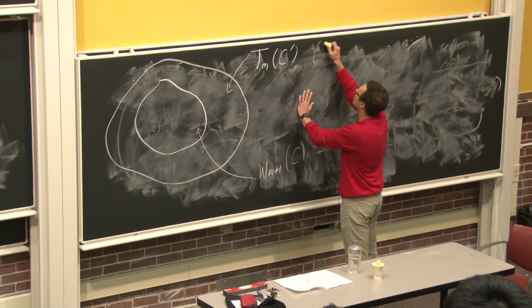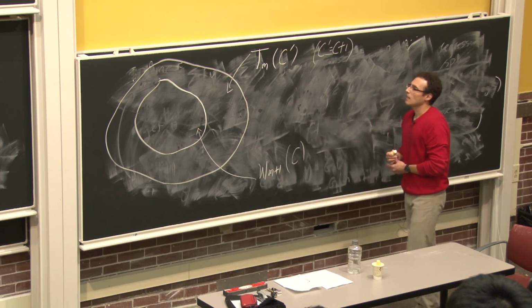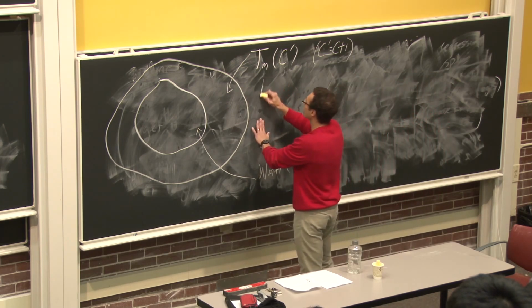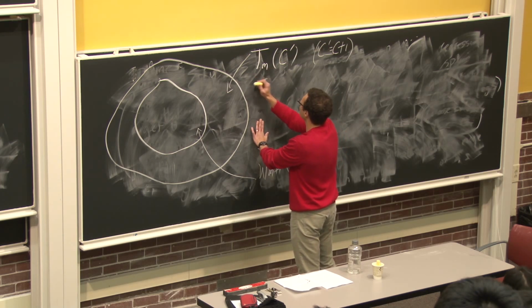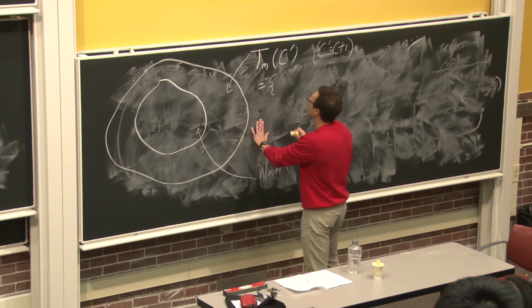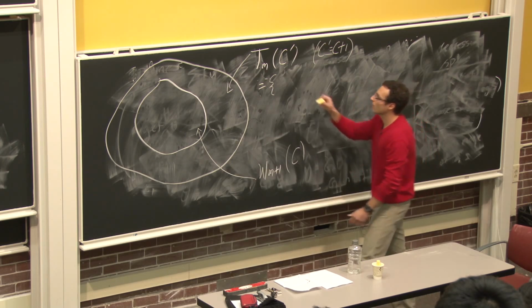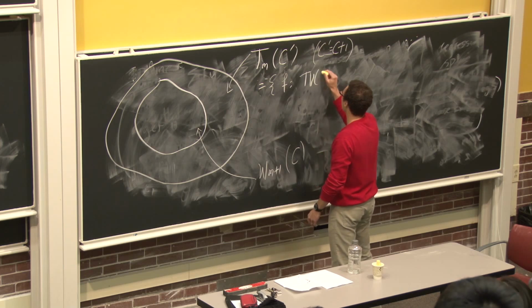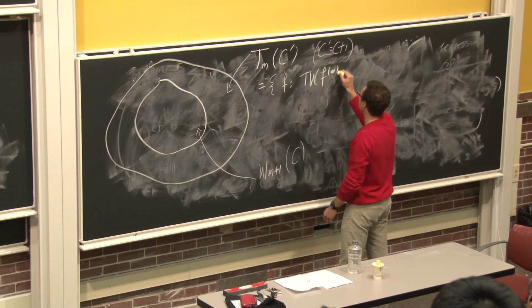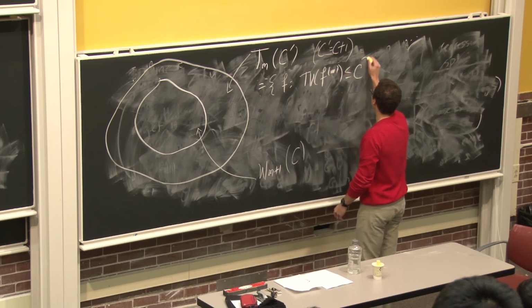And in fact, the relationship is just C prime is C plus 1. This function space is called the total variation space rather than the Sobolev space. And it's equal to the set of all functions f such that the total variation of the mth derivative of f is less than or equal to a constant.